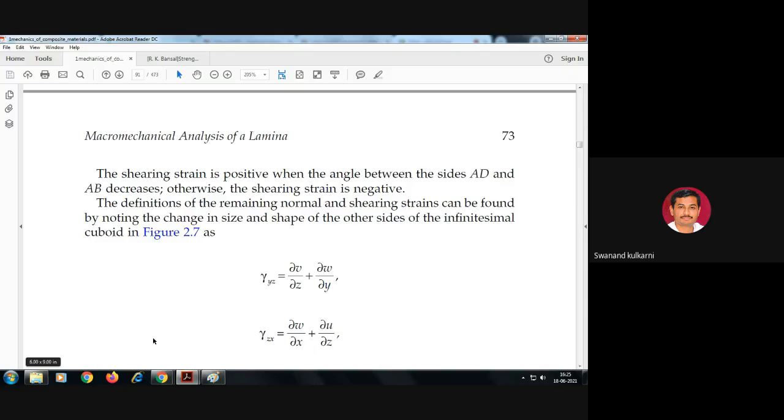Now, in the analysis we are interested in, we are not interested in micromechanical but in macromechanical.